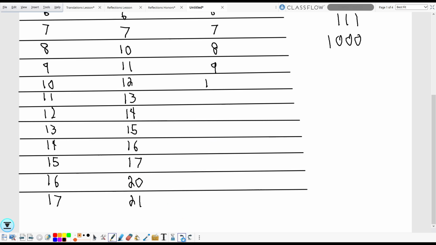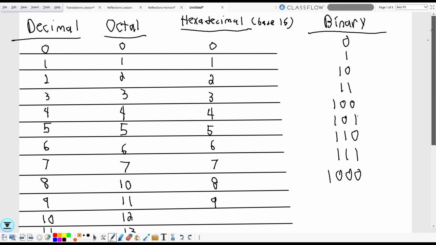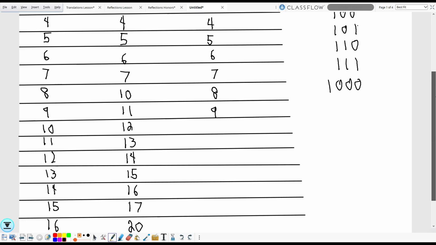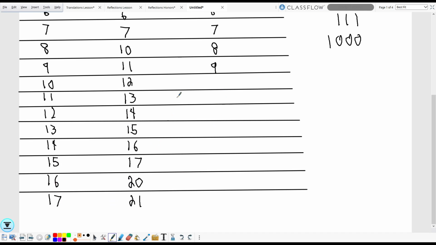Whoa. My bad. No, not 10. So why wouldn't I go to 10? Because we're in base 16. I need 16 unique digits. Before I start jumping to double digit numbers, I have to fill up 16 single digit values. Starting with 0 to 9, we have 10 digits. So how do I make up the rest?